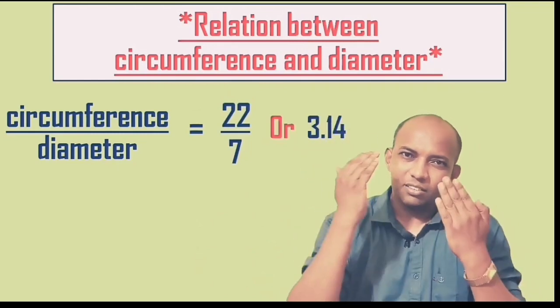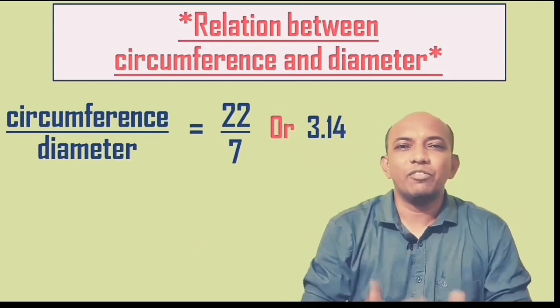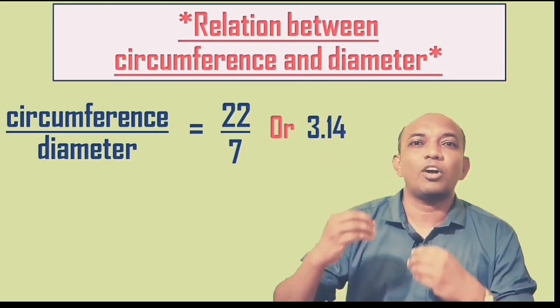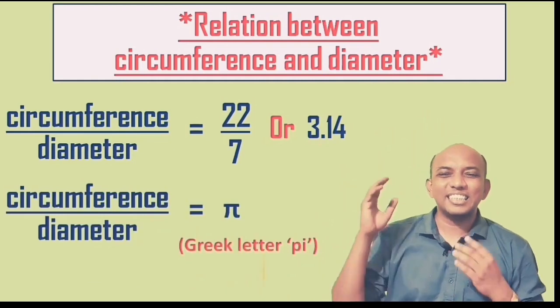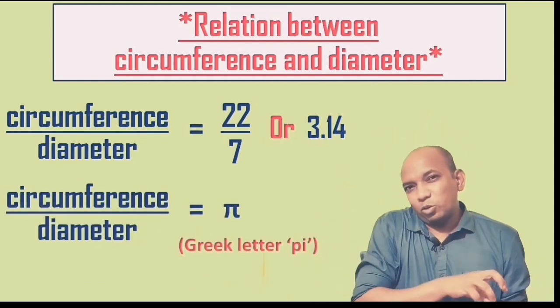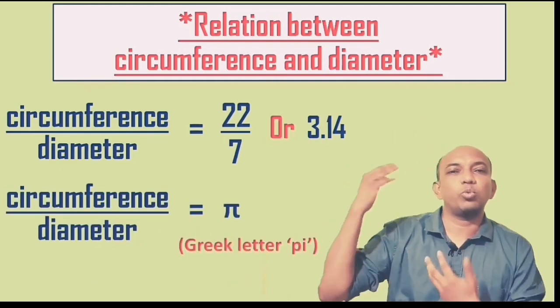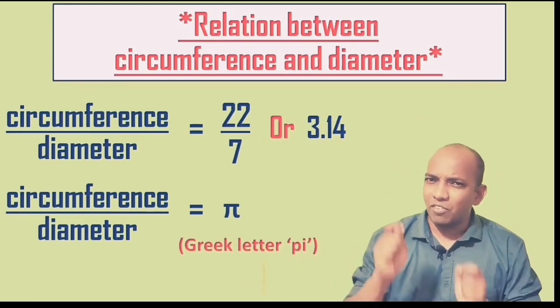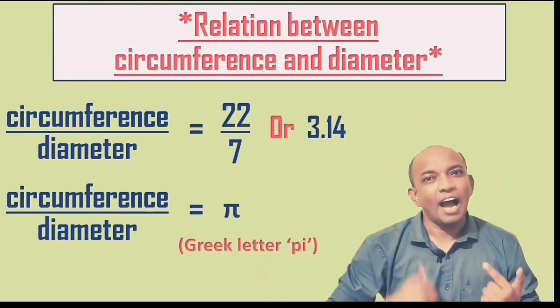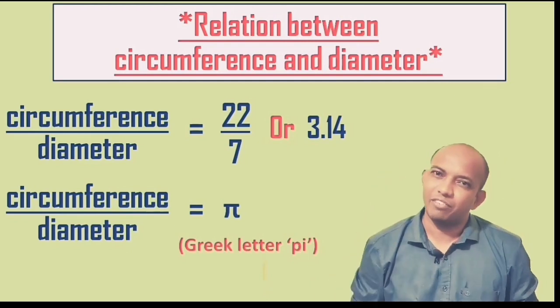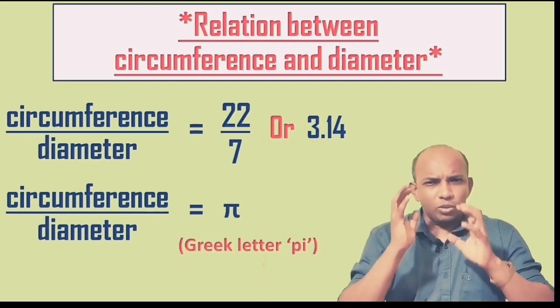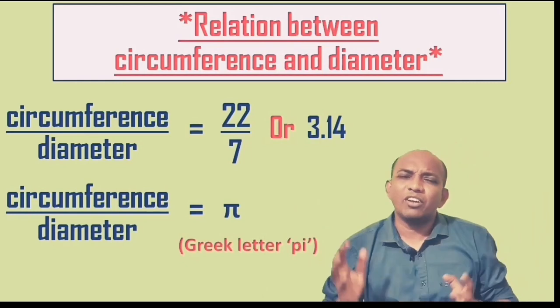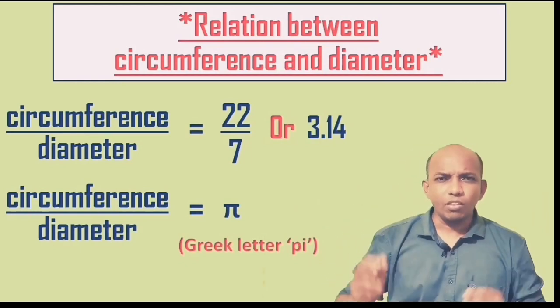So this relation, circumference to diameter, is given by a Greek letter called pi, and numerically it is written as 22 upon 7 or 3.14. Whenever in the question the value of pi is not given, we have to consider it as 22 upon 7. So let's summarize the formulae that we came across in this lesson.